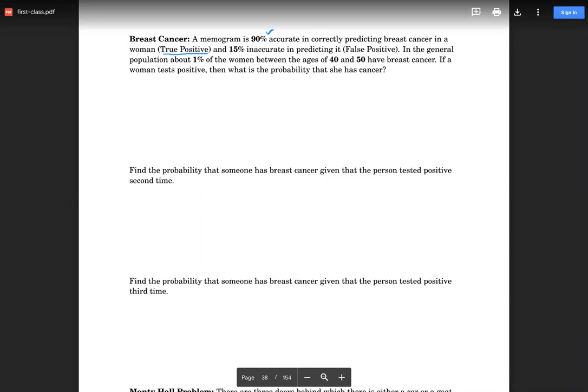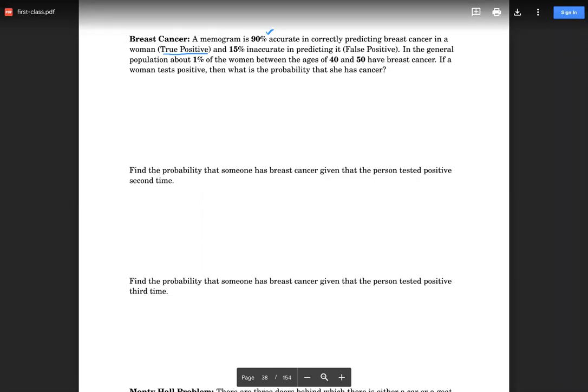That means false positive. These 2 terms kind of throw people off because we are not medical science people, we are ordinary people. These academic terms kind of throw us off. Think of it this way, in layman's terms. In the general population, some women have breast cancer.